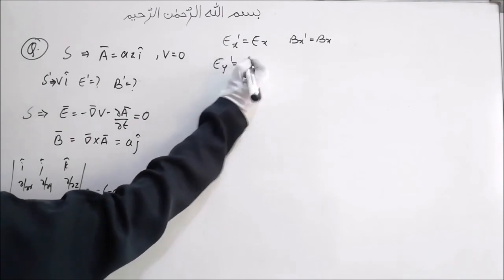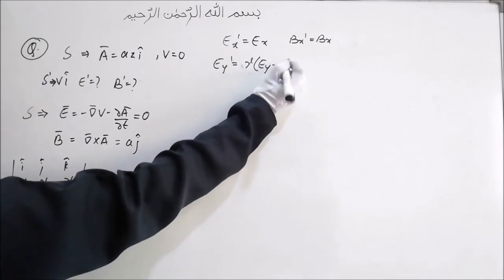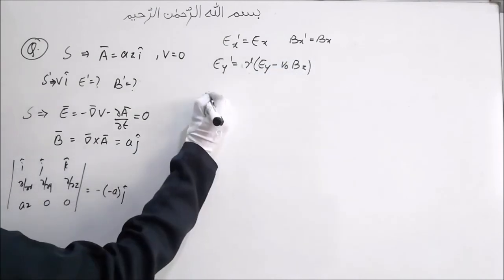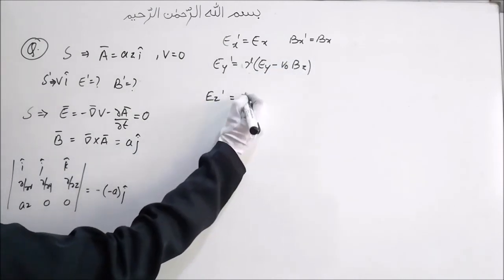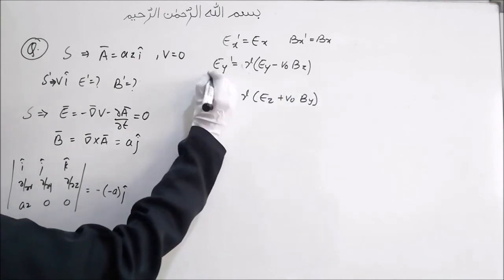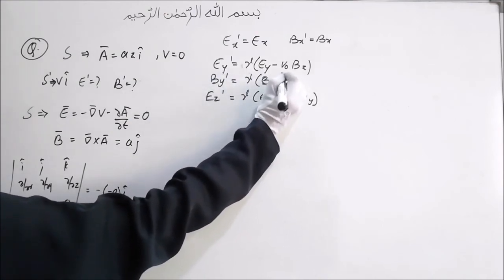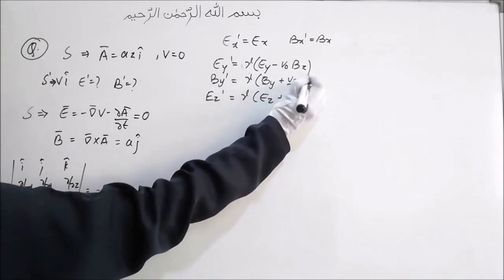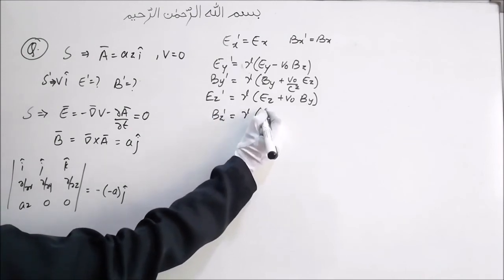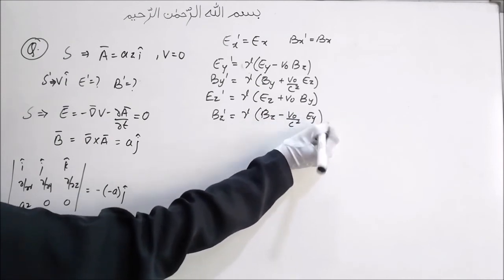Then we have Ey dash is equal to gamma (Ey minus V naught Bz), and we also saw Ez dash will be equal to gamma (Ez plus V naught By), and By dash is equal to gamma (By plus V naught upon C squared Ez), and Bz dash is equal to gamma (Bz minus V naught upon C squared Ey).